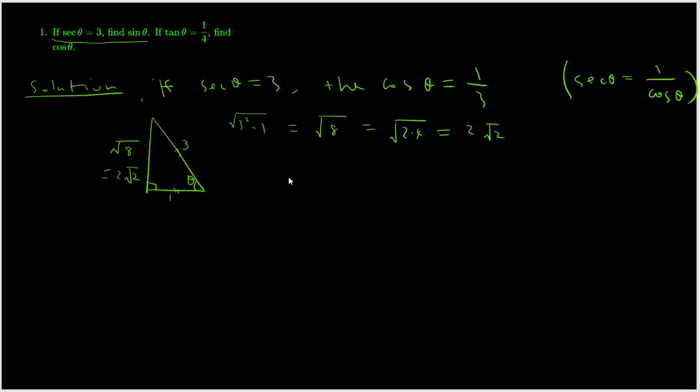After you have the opposite, in the question we are looking for sine of theta. Sine of theta is opposite over hypotenuse, so it's 2 square root of 2 over 3, the opposite relative to angle theta.